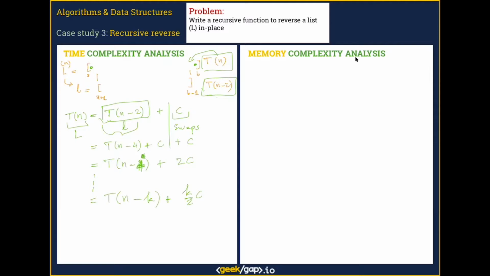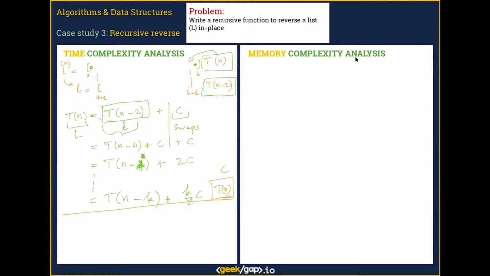And at some point, we're going to have the empty list, which is T of 0. Because actually this one, we know its complexity. Its complexity is constant. If you have nothing to do, it's just constant time. You enter the function, you figure out that your list is empty, you return.